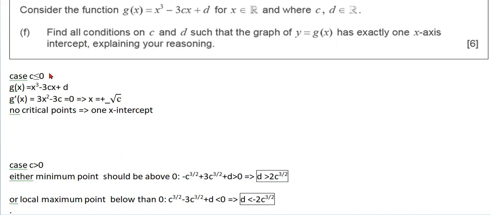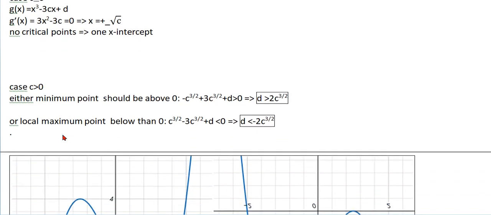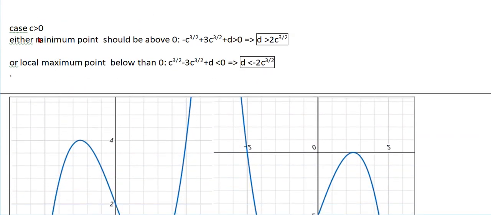When c is negative, we don't have real critical points. It means no critical point, one x-intercept. Case 2, c more than 0.